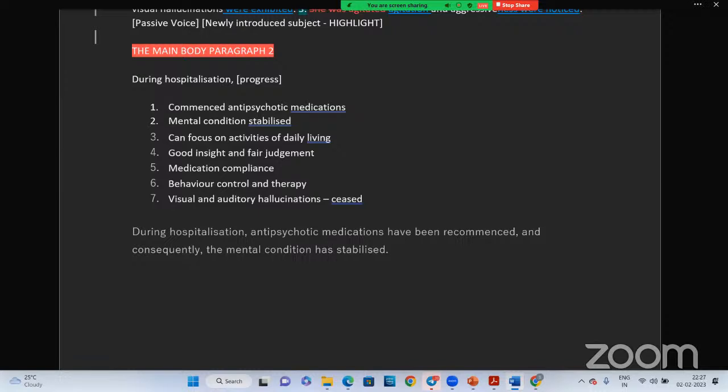She is being discharged after some time, but now she is hospitalized. So her present mental condition has been stabilized.